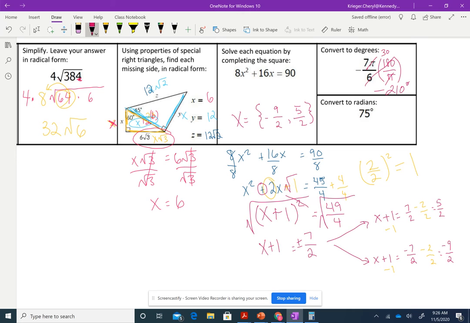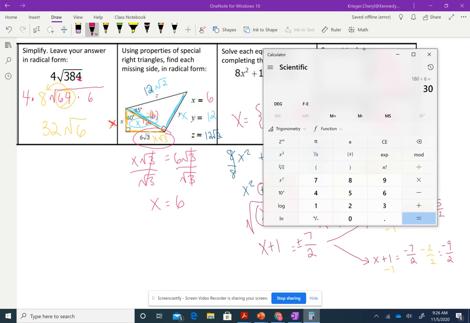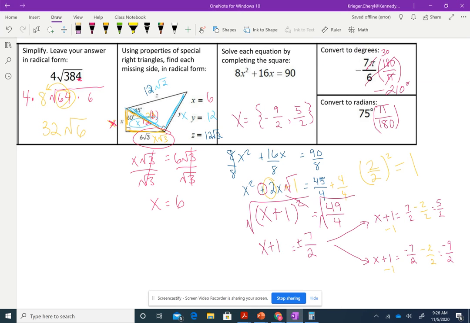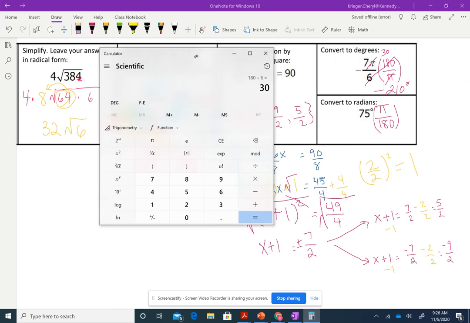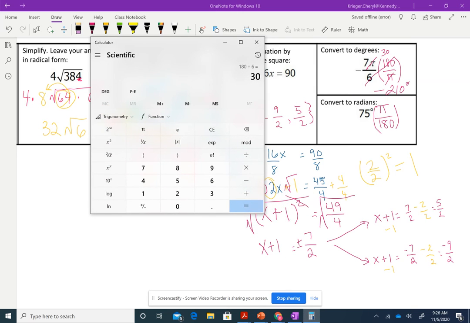If we're converting to radians, I multiply by pi over 180. I'm just reducing. I'm going to divide by 5 because I think that might make it easier.